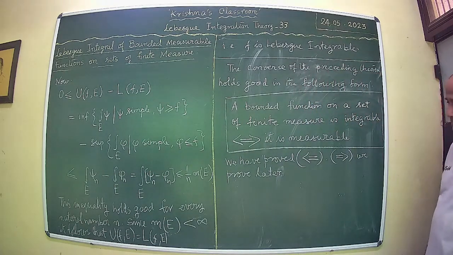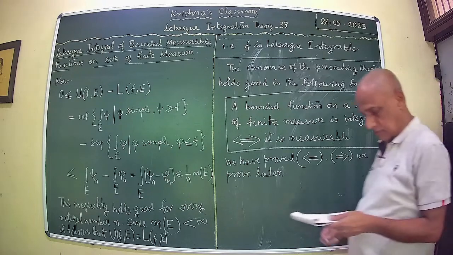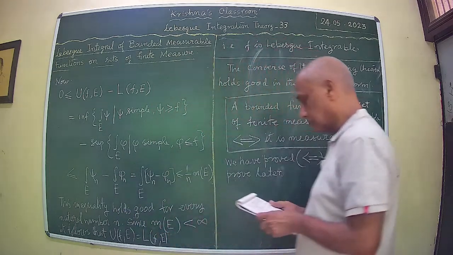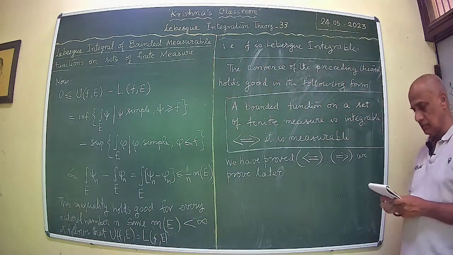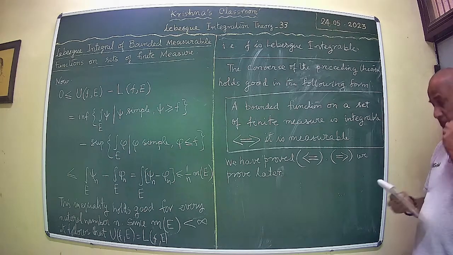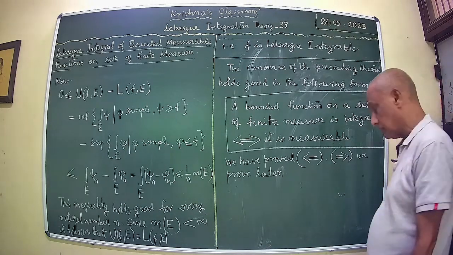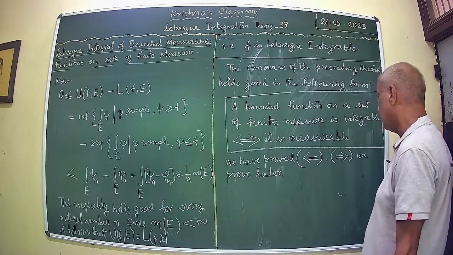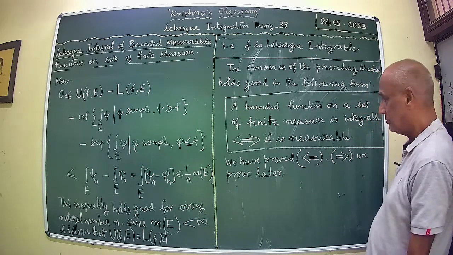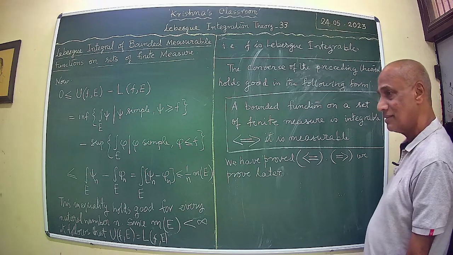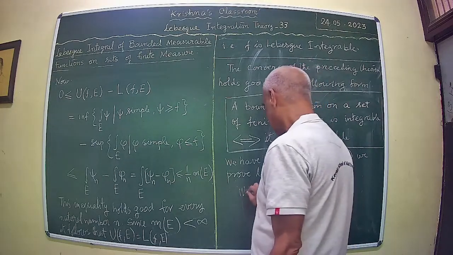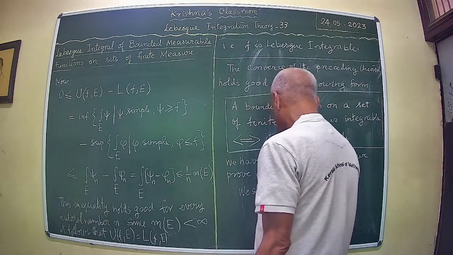Now we show that if measurability is not assumed, then the theorem may fail. We shall observe that.